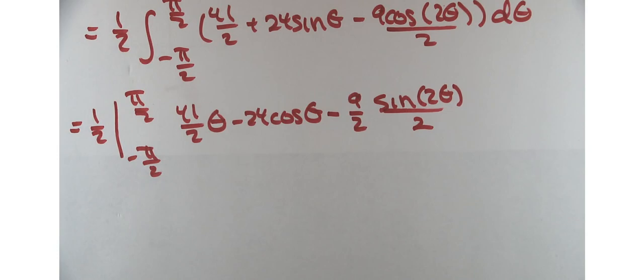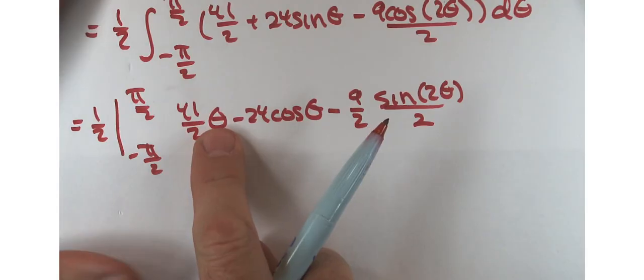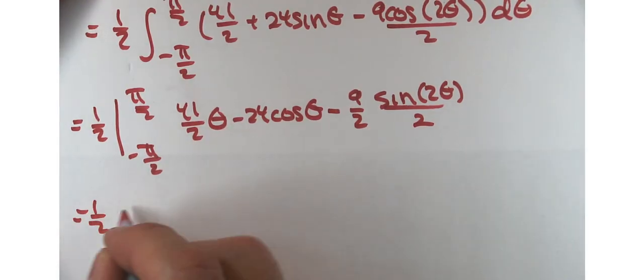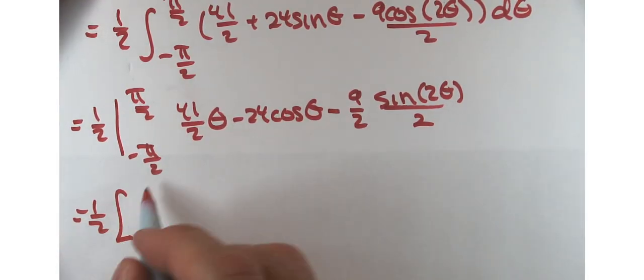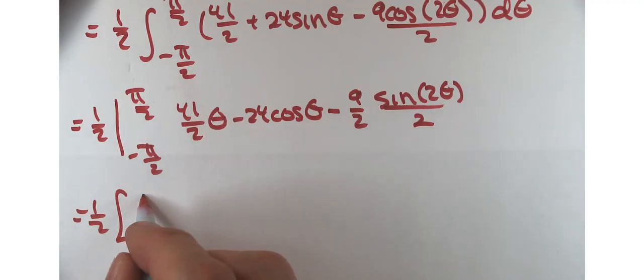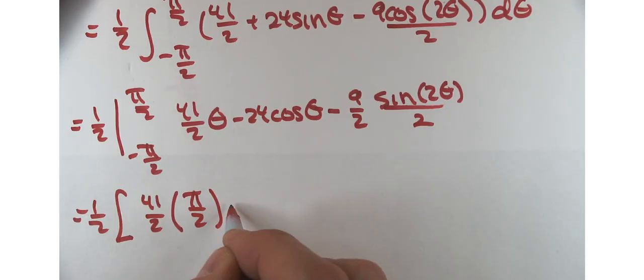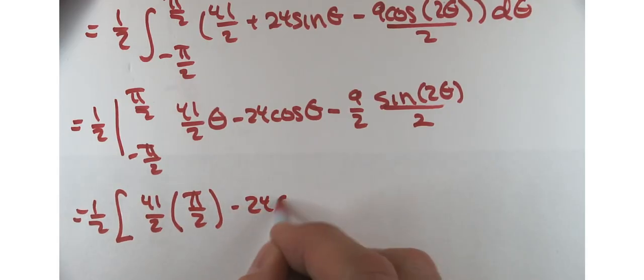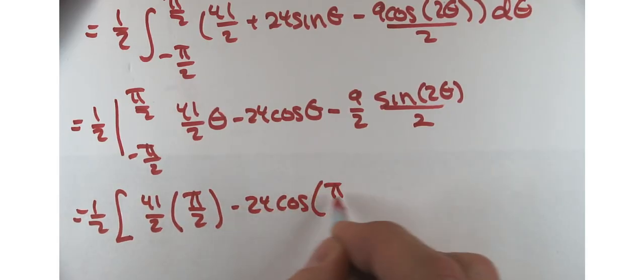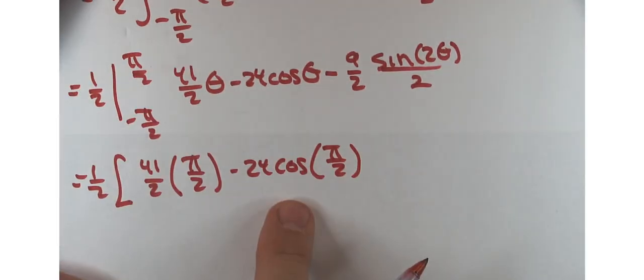There's just a mountain of yucky algebra here in front of us. Let's see. So we're going to get 1/2 of 41 over 2 times pi over 2 minus 24 times cosine of pi over 2. There's good news about cosine of pi over 2.